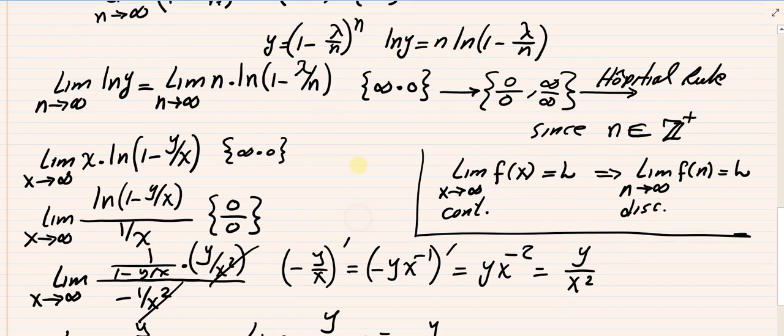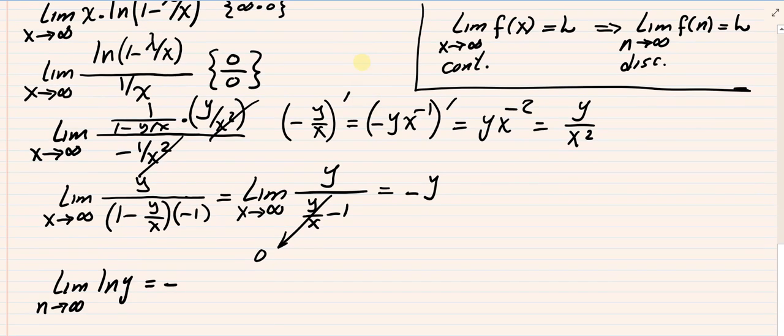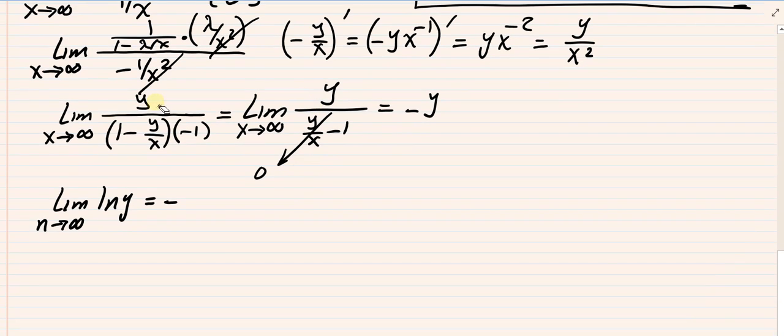The y is fine, it's just that I have lambda over n, so the y's inside parentheses are going to be lambda, and this is lambda over x. So finally the answer is going to be negative lambda. There. The limit of the natural log of y is negative lambda.